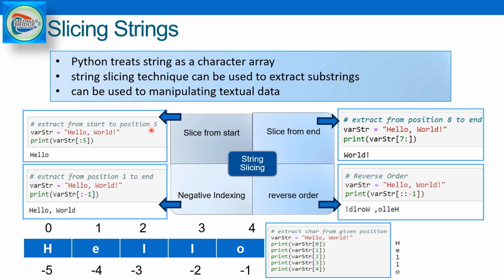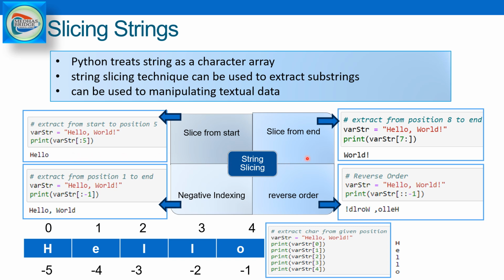Here, we specify a colon and position enclosed by square brackets. We will get the substring from the start position to the fifth position. For the input string hello world, the output would be hello, as shown in the example.